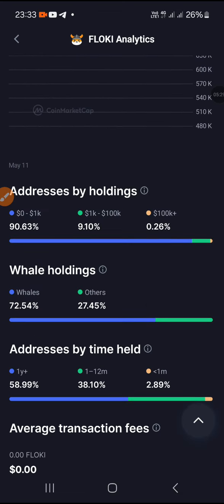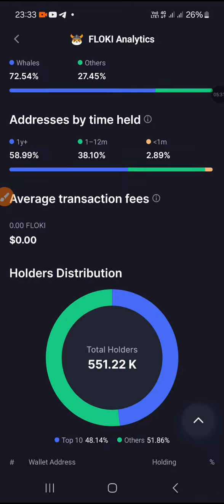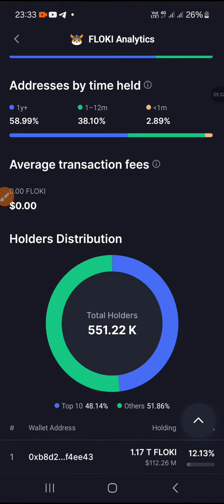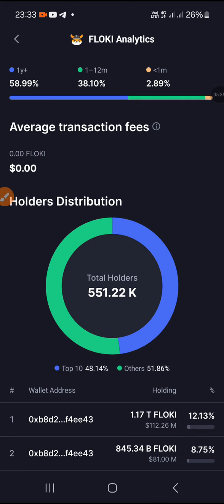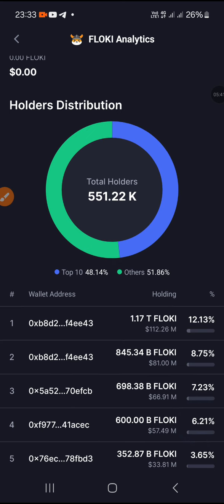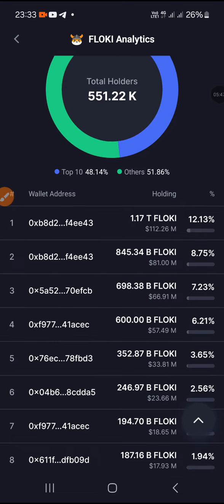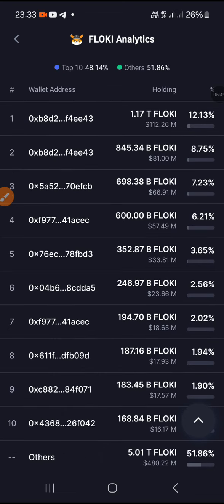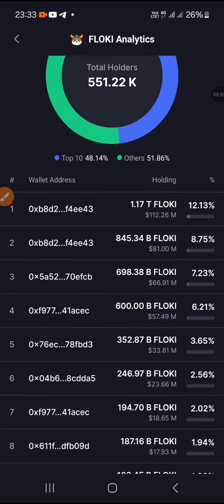So you can take a look at it here and see it carefully. The total holders of this very coin are 551.22 thousand. That is a lot of people still investing in this very particular coin, and they are hoping to cash out massively.